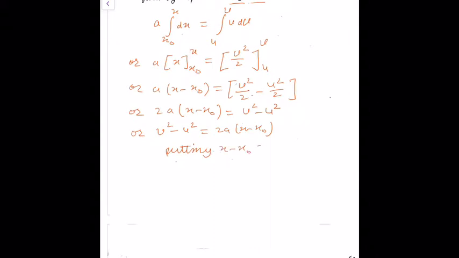Putting x minus x naught is equal to s, so v square minus u square is equal to 2as. It is third equation of motion. Equation number 7.